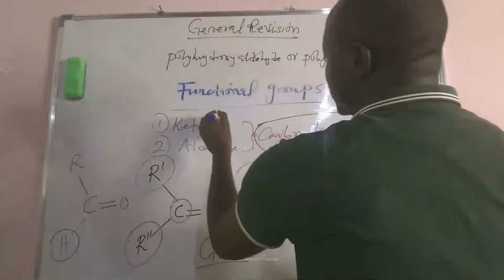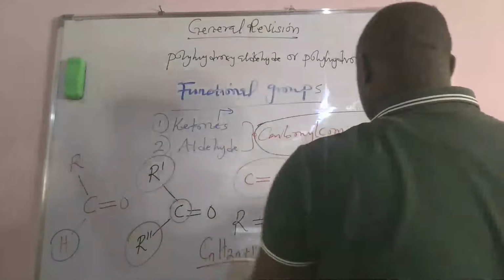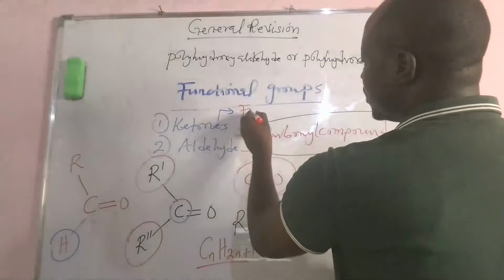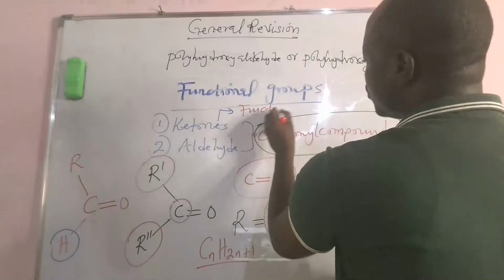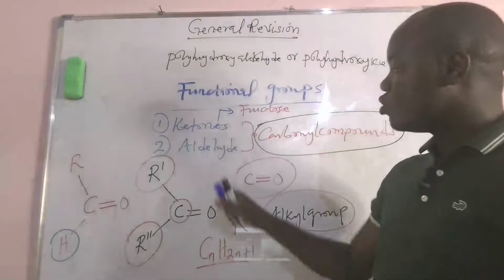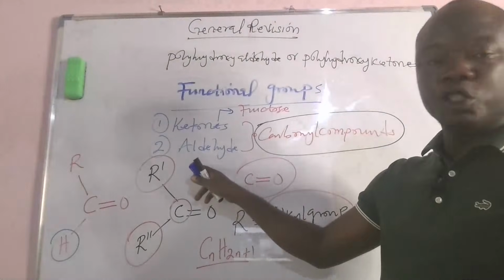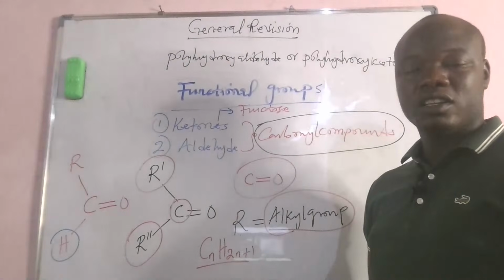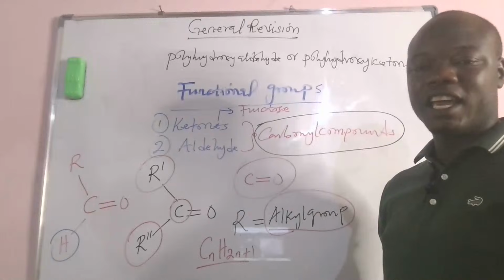So an example of a sugar that has a ketone functional group is fructose. Then what is an example of a sugar that contains an aldehyde functional group?